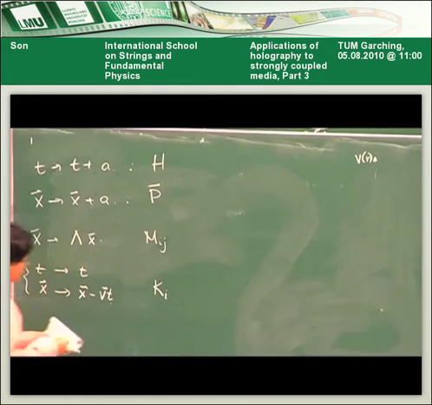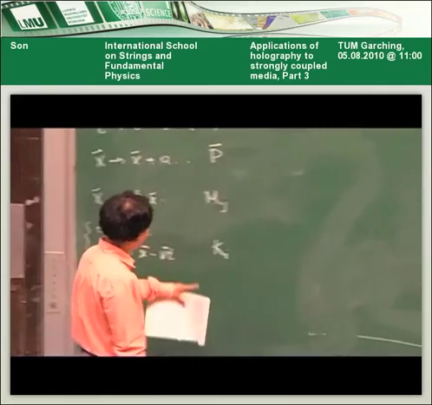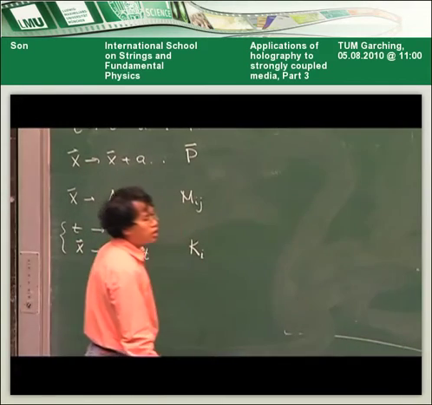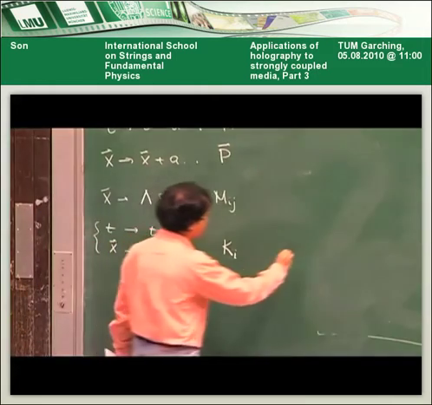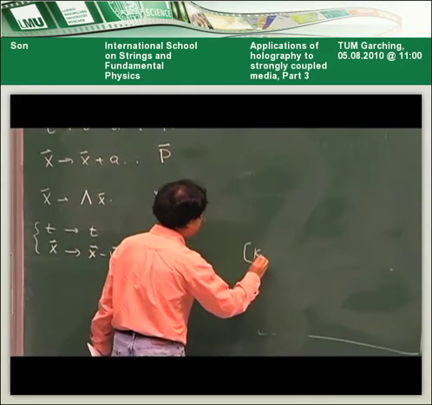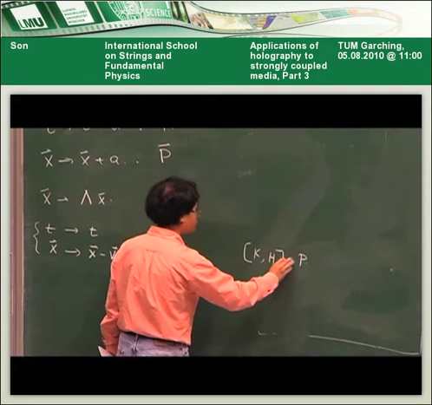Now, this Galilean invariance does not generate a conserved charge, and that's because the K has non-trivial commutators with the Hamiltonian. In particular, if you compute the commutator of K with H, you can convince yourself that it's proportional to P.